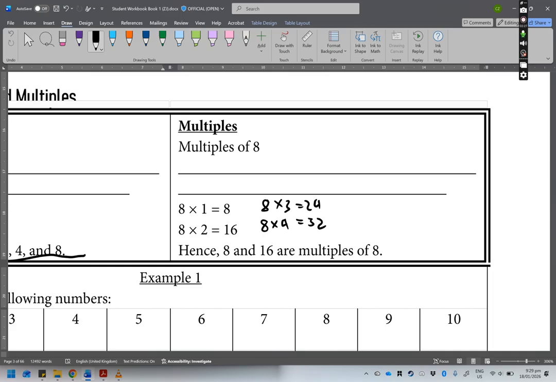So 8, 16, 24, 32 are multiples of 8. It is a number that you get when you take 8 multiplied by a positive integer, and you will get a multiple of 8.